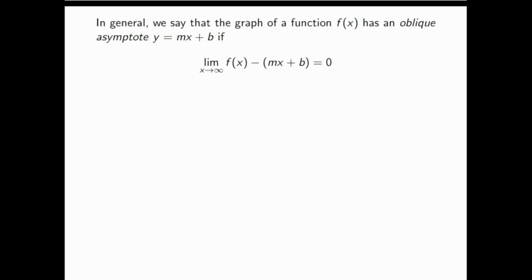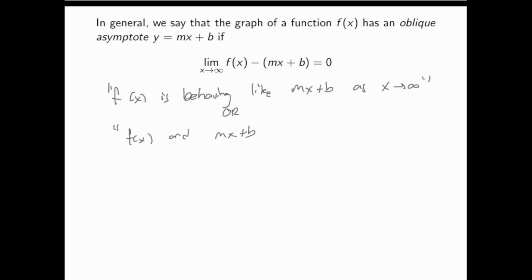In other words, f of x is behaving like mx plus b as x is going to infinity. Or I can also interpret that as f of x and mx plus b canceling each other out as x is going to infinity.